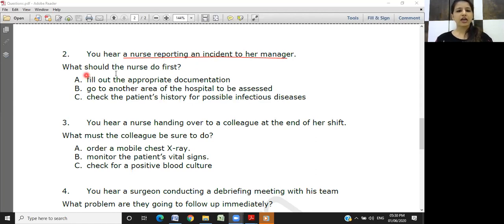Now, here it says, what should the nurse do first? That means from whom the answer should come, who would be giving us the answer, although it is a dialogue, a nurse and her manager. Our answer will be coming from whom? From a nurse or from a manager?